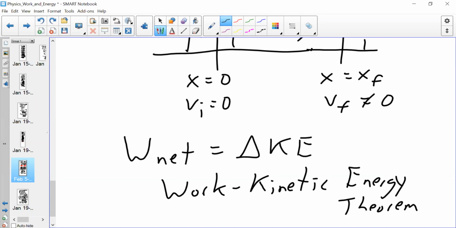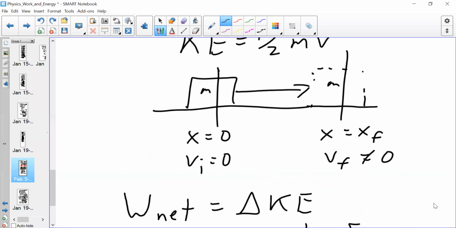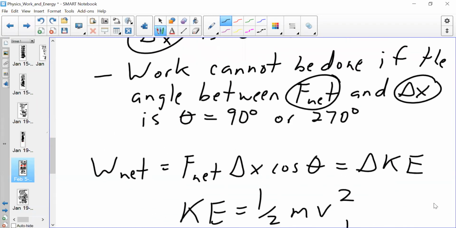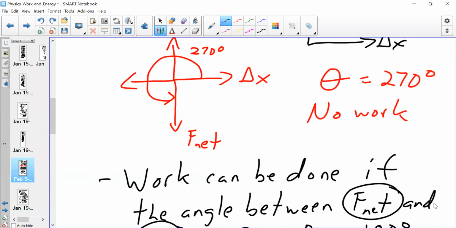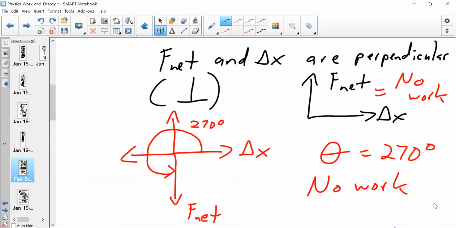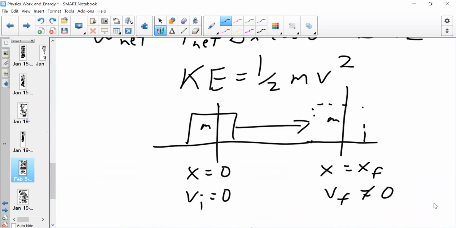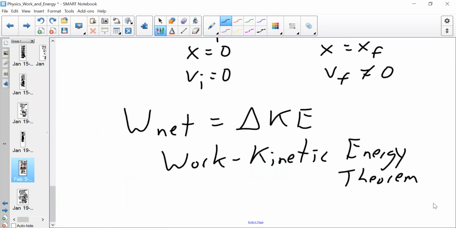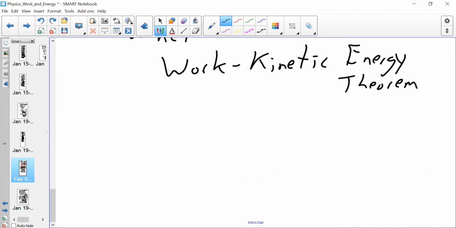So any questions on any of these things? This should be familiar, or if not, ask those questions. One last thing before the practice problems again. The units of work and energy are all joules, right? So we do our calculation and we report it as 2.5 joules of work, if that's our answer.